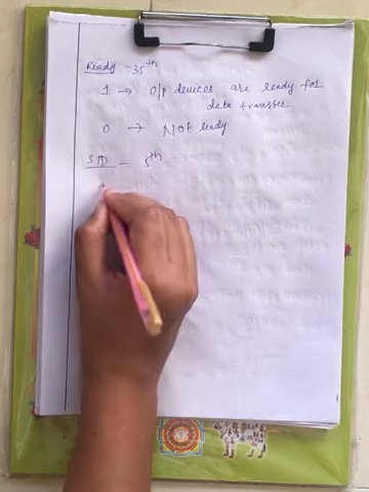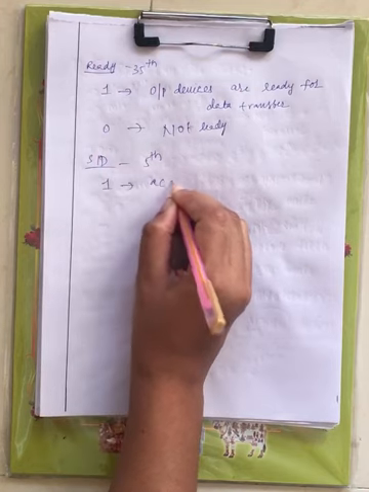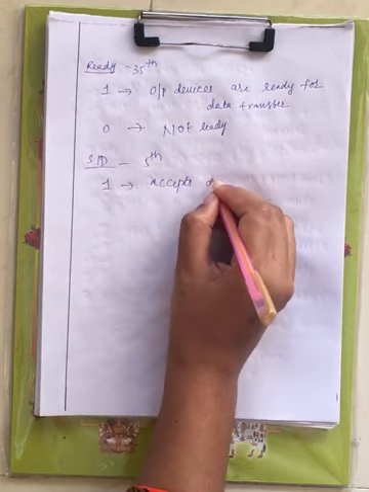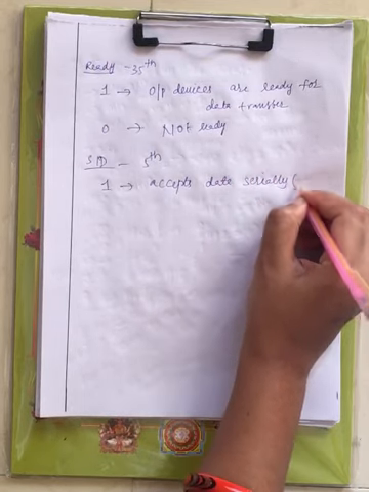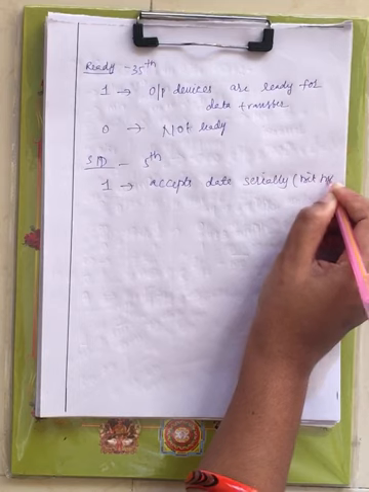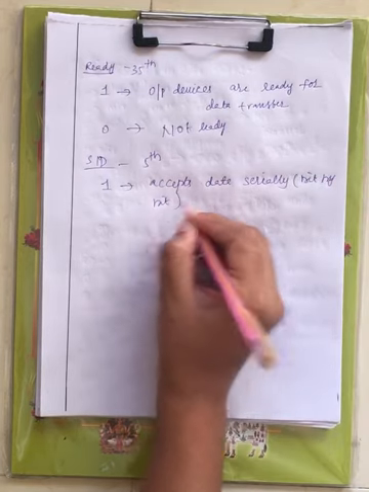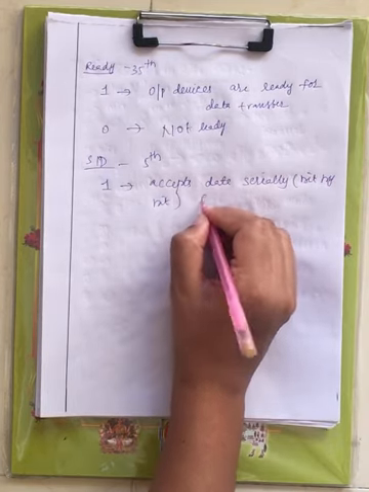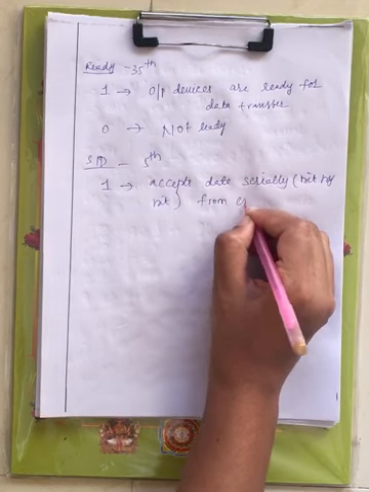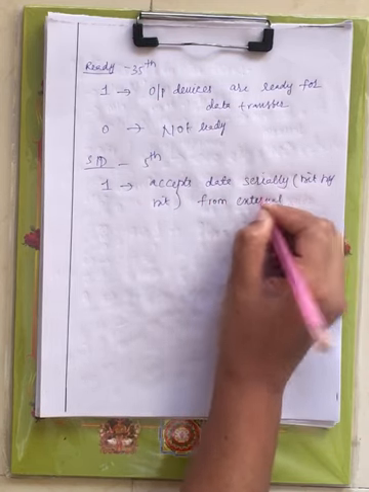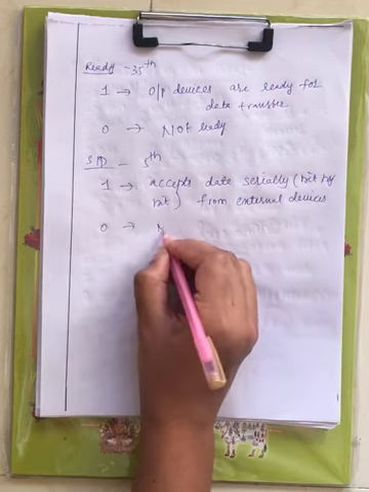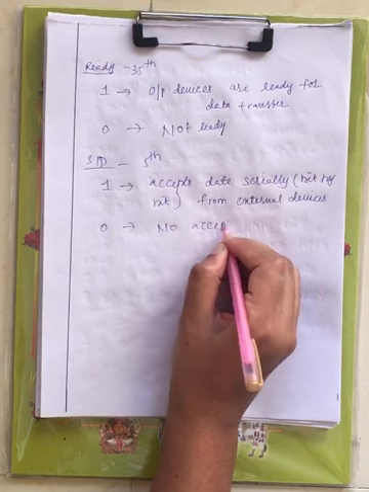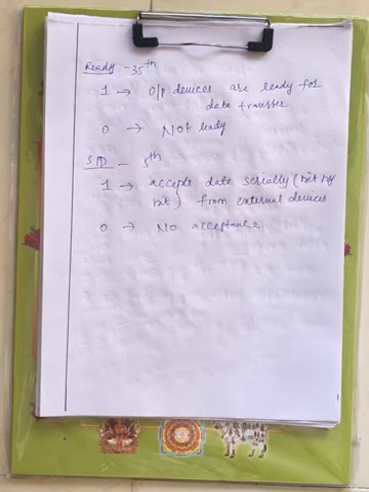When it is 1, it accepts data serially from external devices. When it is 0, there is no acceptance. It won't accept data serially from external devices.